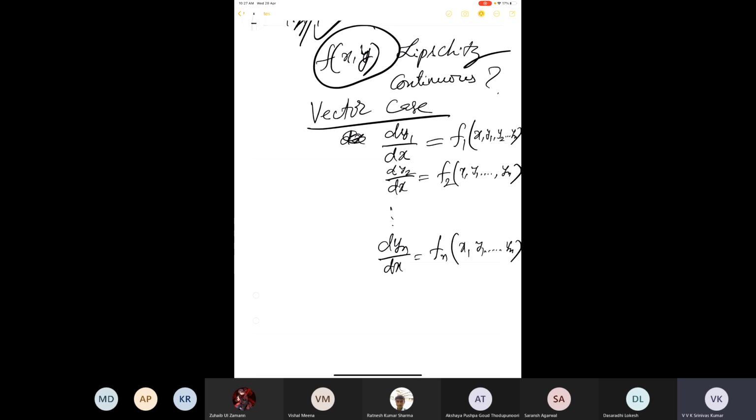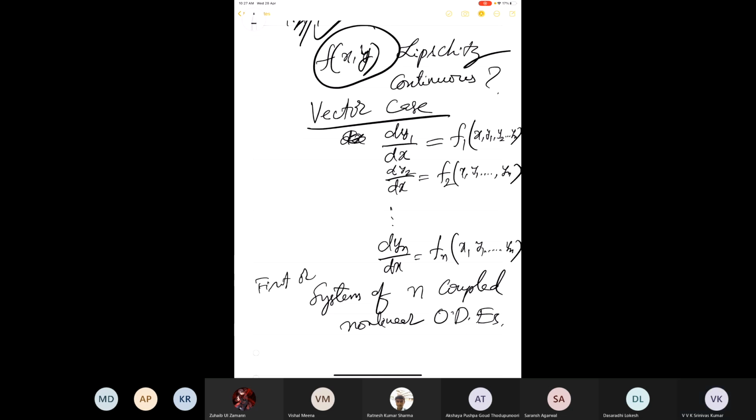So these are a system of n coupled non-linear ODEs, a first order system. That is, f1, f2, up to fn are non-linear functions.